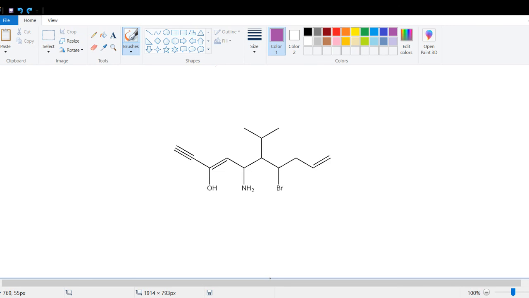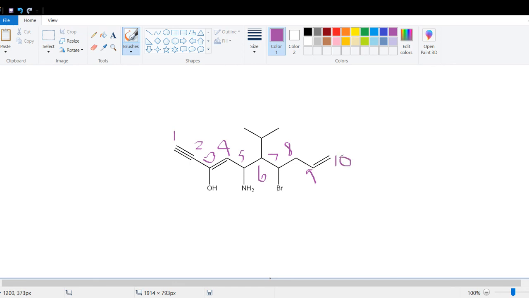So that means I need to number this from left to right to make sure that my hydroxyl group has the lowest possible number. So here I have the terminal alkyne, which is going to get number 1, 2, 3, 4, 5, 6, 7, 8, 9, and 10.